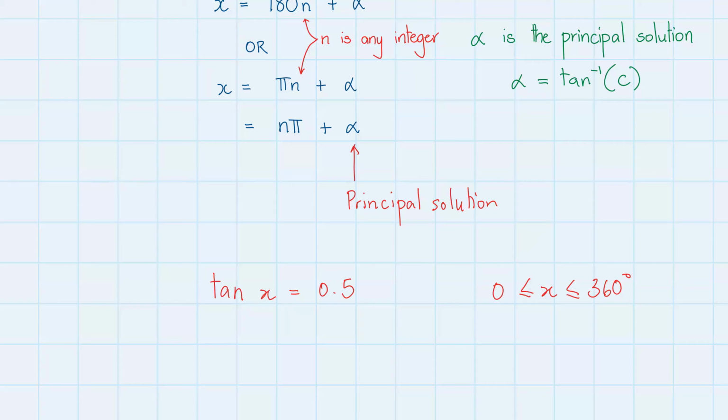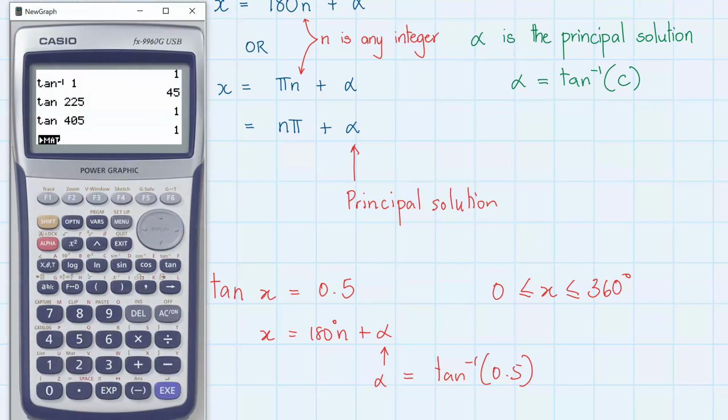The way that you do that is, I know what the general solution is going to be. It's going to be x is equal to 180 degrees n plus alpha. I just need to work out what the alpha is. The alpha is the inverse tan of that number. I use my calculator for that.